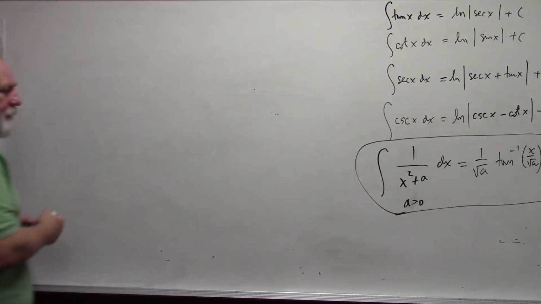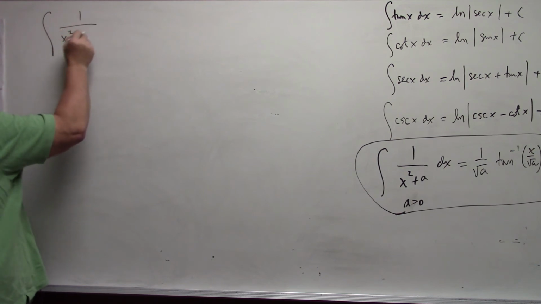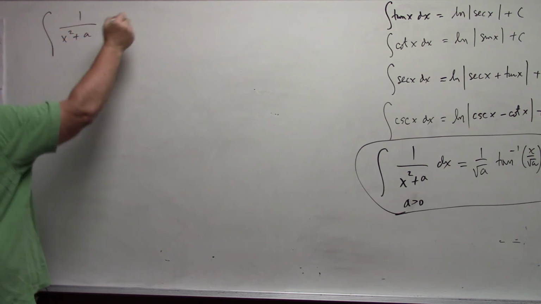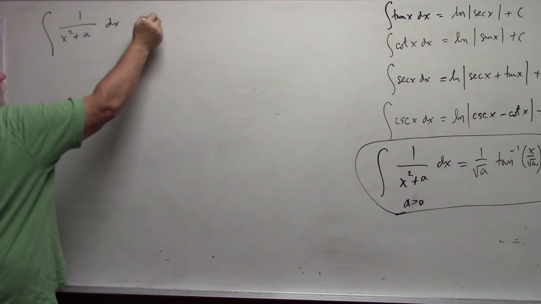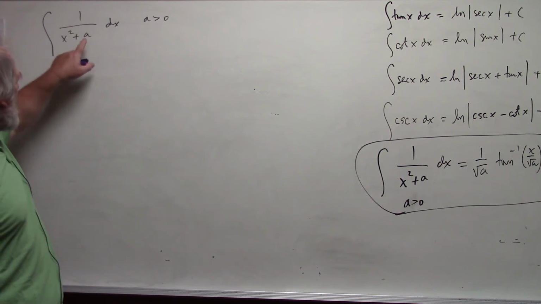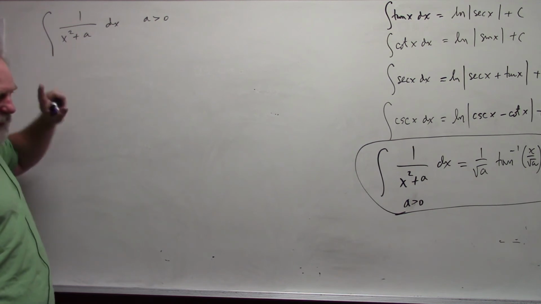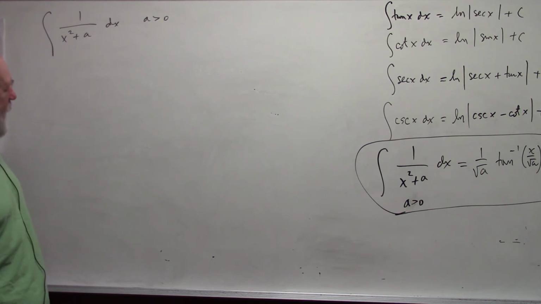So, 1 over x squared plus a, where a is greater than 0. You should recognize this is somewhat similar to arctan in the form. If it was basic arctan, then a would be 1, but now I want any positive value for a to be there.